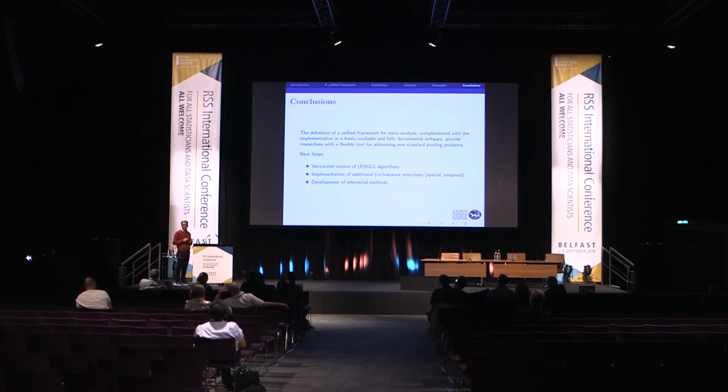The first is a full implementation of the EM algorithm that will speed up the computational process, especially when we have a larger number of inner level units, and also add additional covariance structure both in time and space. And then we want to explore better inferential methods that at the moment are mainly based on a Wald test for the fixed effect coefficients.